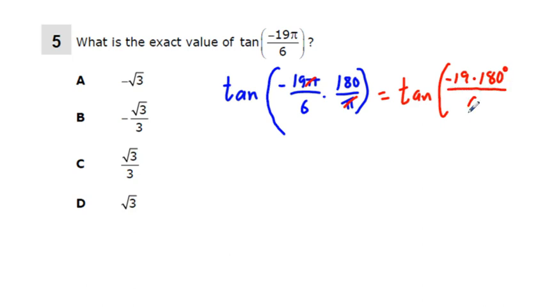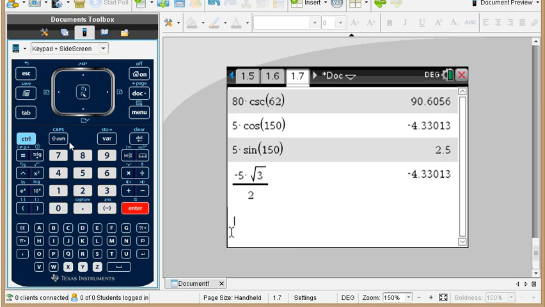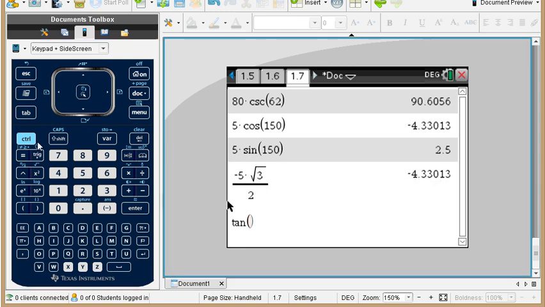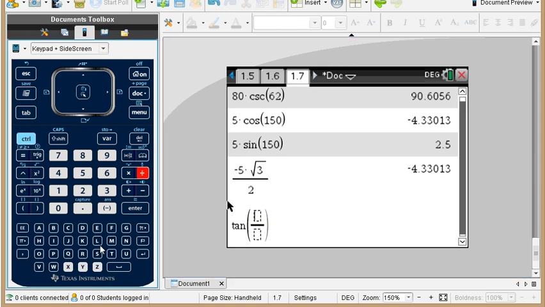So we go to our calculator and we say tangent negative 19 times 180 over 6. We get negative 5.77.